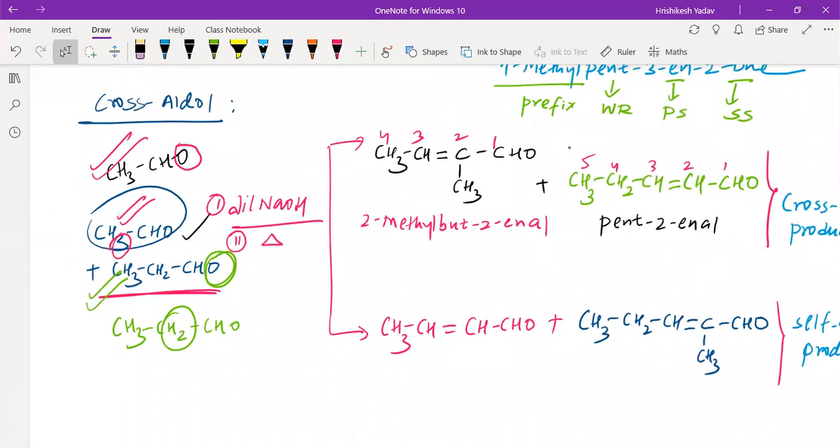Okay, this is very challenging, to understand this cross aldol topic. In all, 4 are there. Okay, as it's mentioned in our book, here they have given self condensation, and on top we have cross condensation.